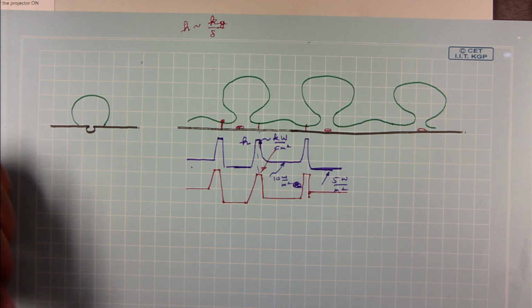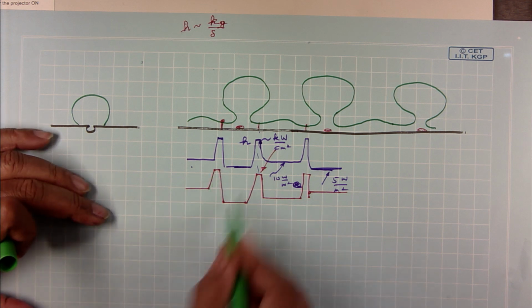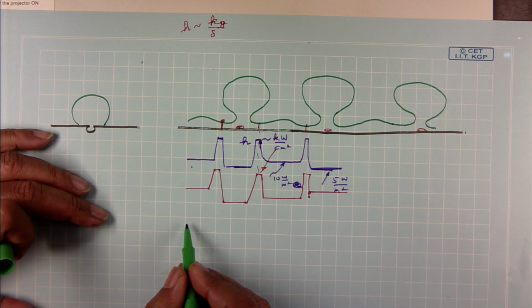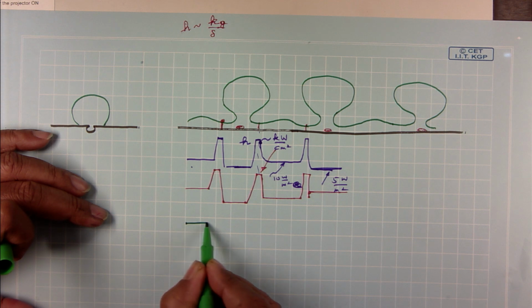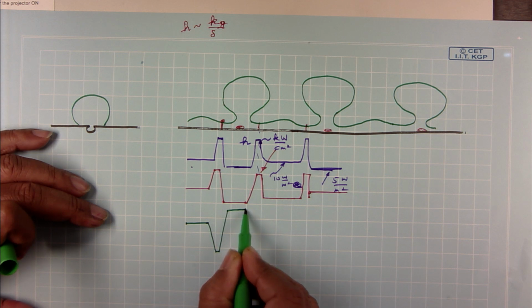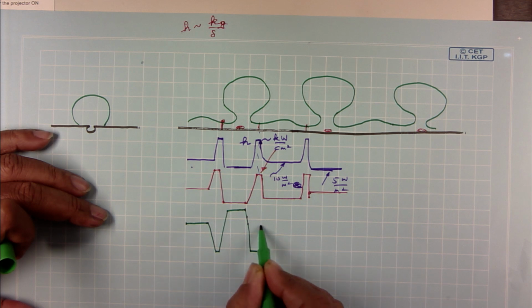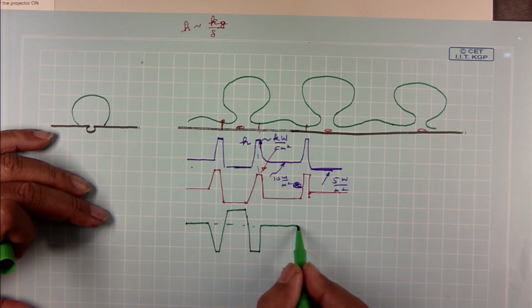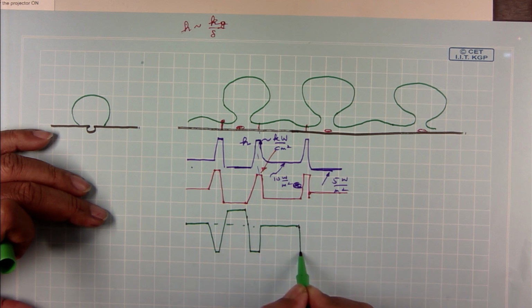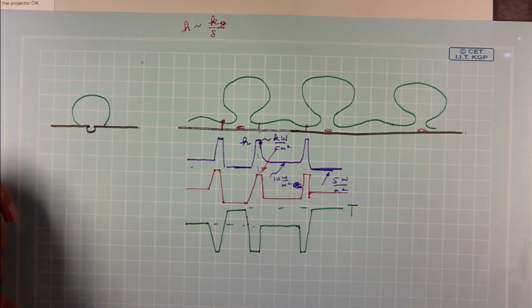As a consequence, how is the temperature profile going to look? If I plot the temperature profile, wherever I have a peak in the heat transfer, I am going to get a dip in the temperature, is not it? So, my temperature is going to look something like this.